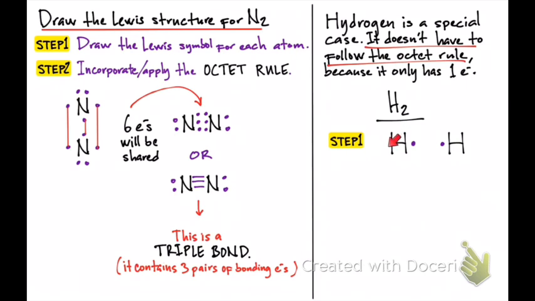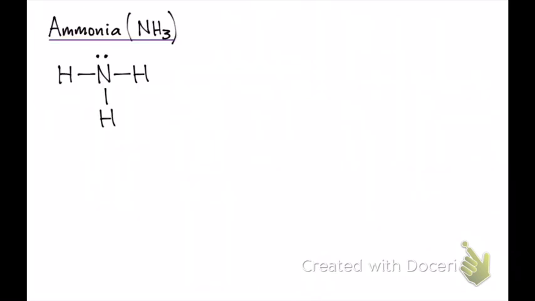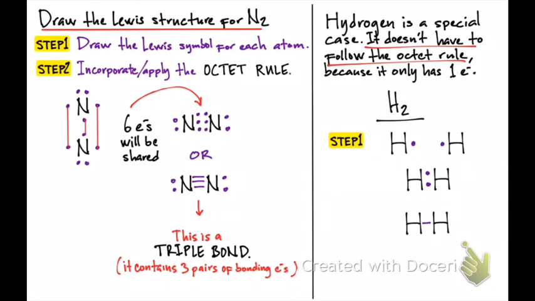So here they are. We have the Lewis dot symbols for hydrogen, and then both electrons are being shared by both atoms of hydrogen, and they form a single bond, a single line. And this, again, as I mentioned earlier, is considered stable because they are isoelectronic with the noble gas helium.